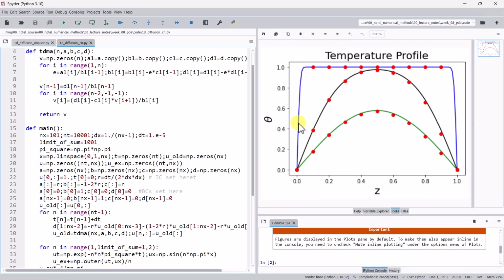Here the lines are analytical solutions, and these dots are my numerical solutions. The quality of solution may improve or may go down depending on grid sizes, but overall you can see that all 3, implicit, explicit and Crank-Nicolson, are working very well in solving numerically the one-dimensional transient diffusion equation.